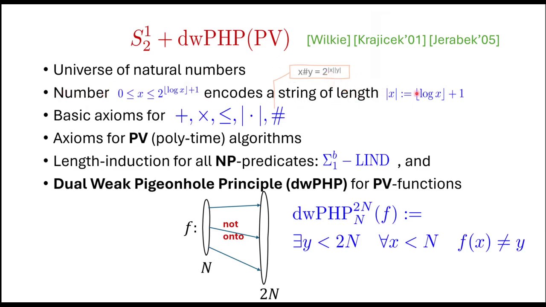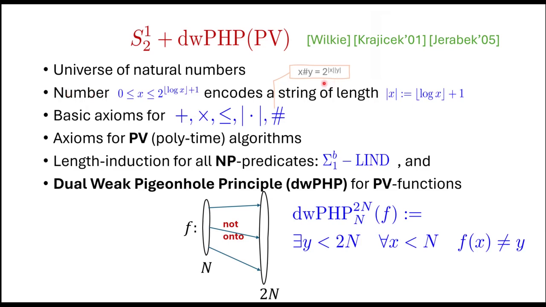I'm saying this because it explains what the smash function is and how numbers actually encode objects, syntactical objects in the theory. The theory is just about numbers, but in logic you need to somehow discuss syntactical objects like formulas and so forth, and they are written as binary strings, and so numbers will encode them.